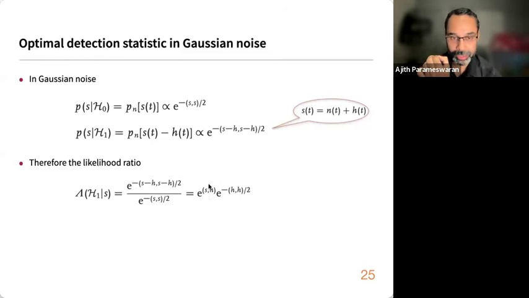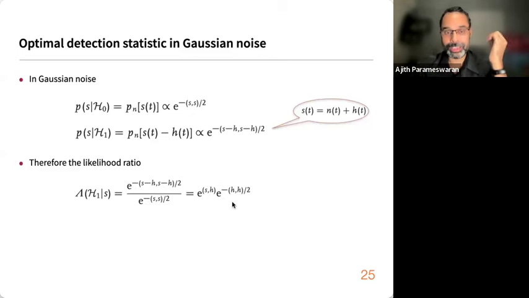Only the S and H part depends on data. The HH part acts like a normalization. So the likelihood ratio just depends on the inner product of S and H.